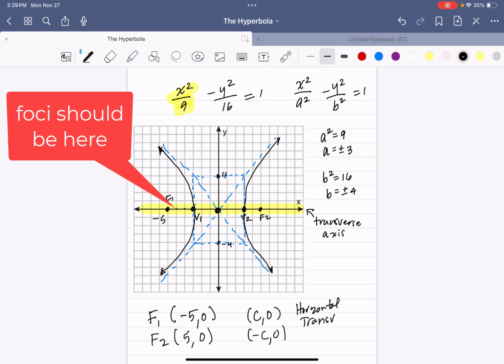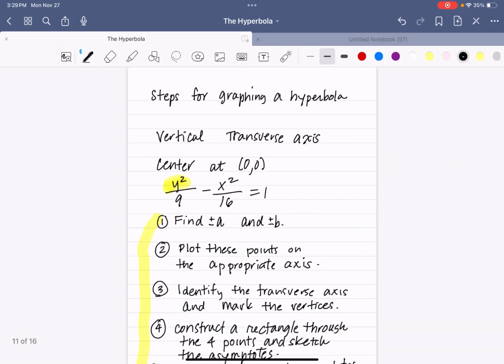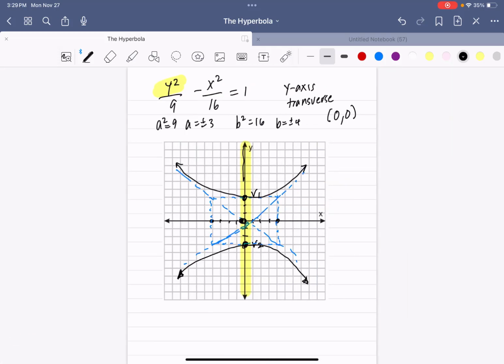It's like the x-axis, so the foci are going to be in the x location. When you get over to this one with the vertical transverse axis, it's going to be at 0, c, and at 0, negative c. And in both cases, c squared is a squared plus b squared, or c is the plus or minus square root of a squared plus b squared.